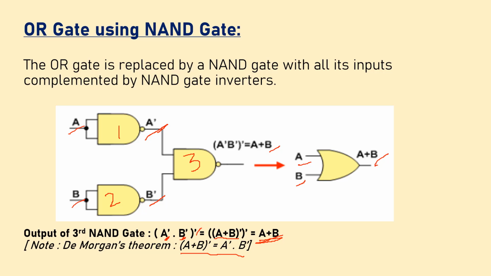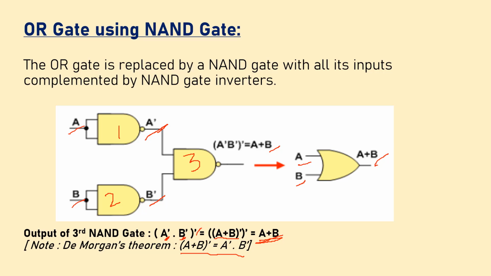So we have constructed all three basic logic gates, AND, OR and NOT, with the help of NAND gates. So in conclusion we can say that the NAND gate is basically a universal gate.